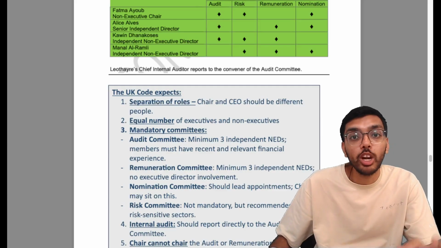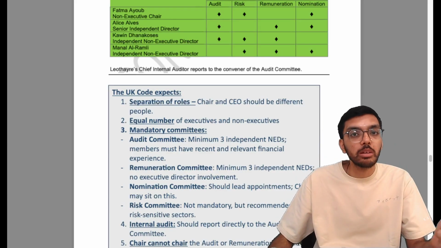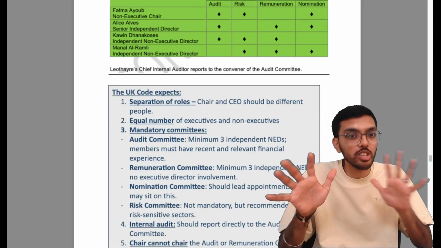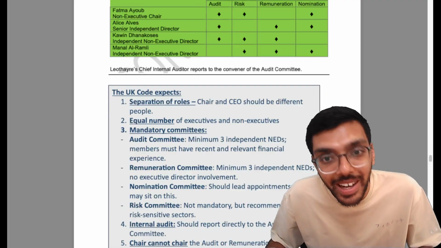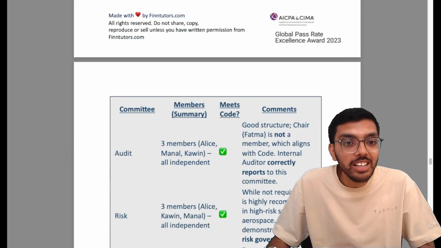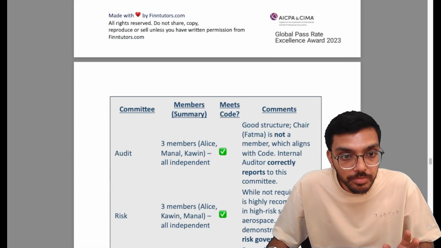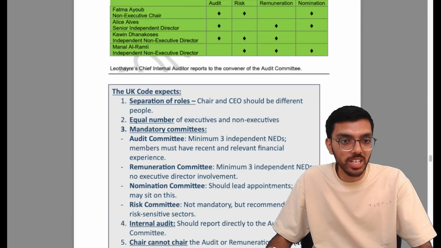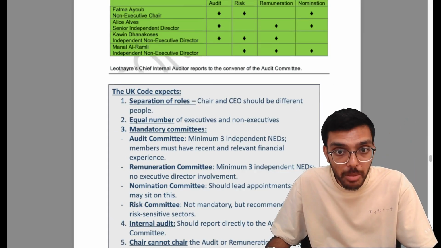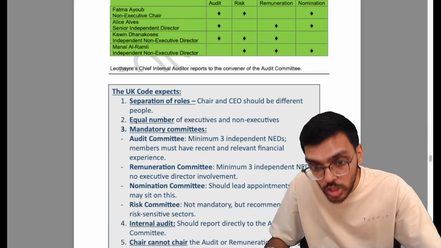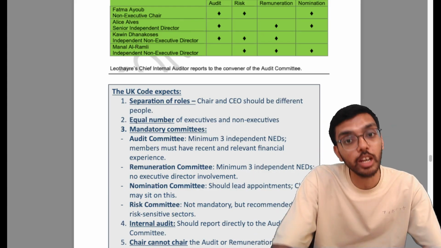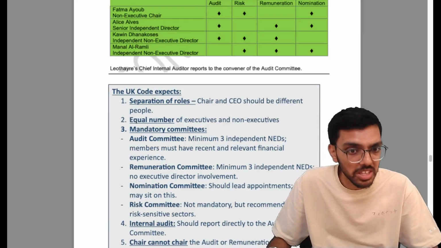So chairman cannot be the leader of the audit committee or the remuneration committee, but they can be part of it. This is the UK Corporate Governance Code expectation. Now let's see if it's met. So overall, if I look at it, roles are separate, committees are present, chairman and CEO aren't the same person, internal audit reports to audit committee, everything seeming okay.